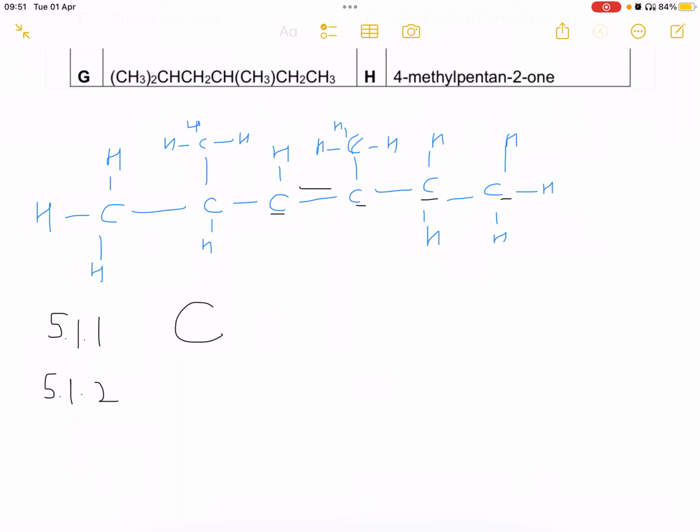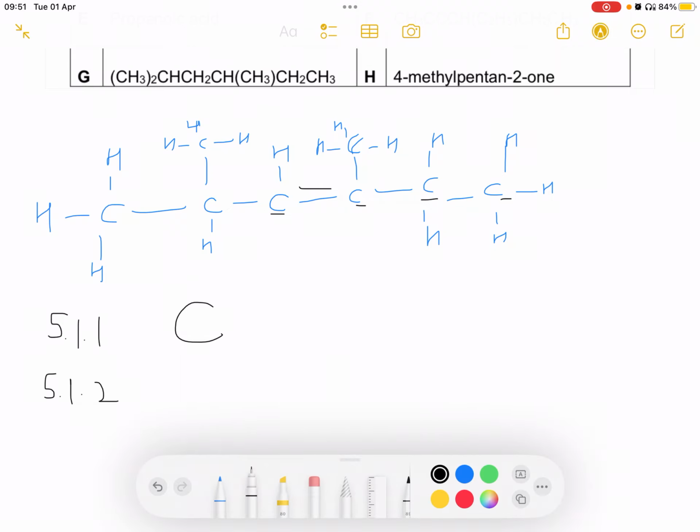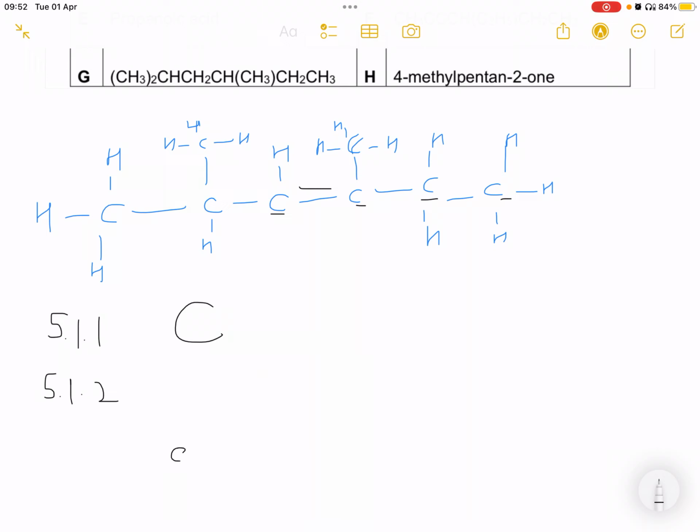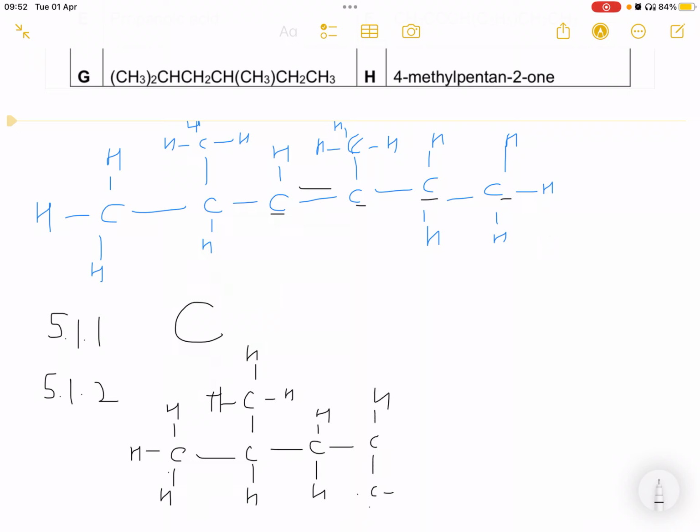So we have to draw G. Now G starts with a CH3, or two CH3s, and if there's two CH3s, they are attached to a carbon that has hydrogen in it here. And that's attached to CH2. That's the CH2 that is attached to a carbon with a hydrogen and a methyl group.